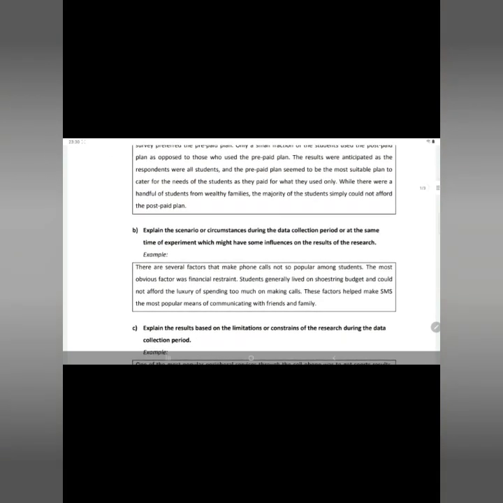Another way to do it is to look at comparing the findings. For example, you can compare the findings with other studies. Like this one: it can be summarized as SMS, the most popular means, similar to the findings conducted by Param et al. from Universiti Teknologi Malaysia Barat, saying that SMS was the primary reason why students own a handset.